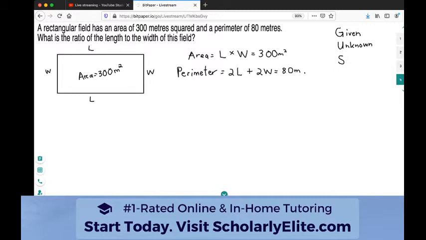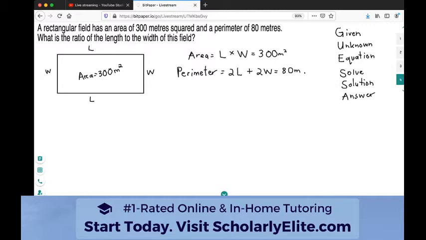We say what is the equation that we're going to use? Then we solve, then the solution, and then the answer.